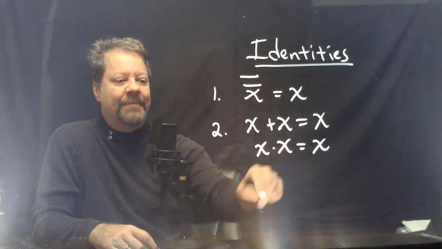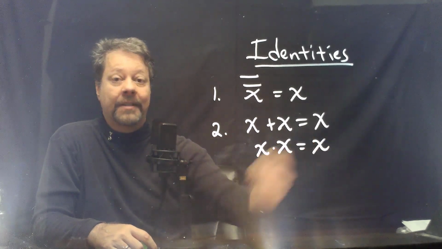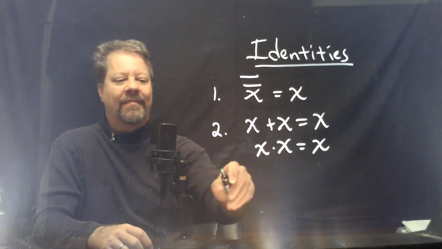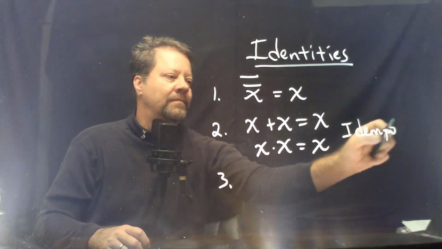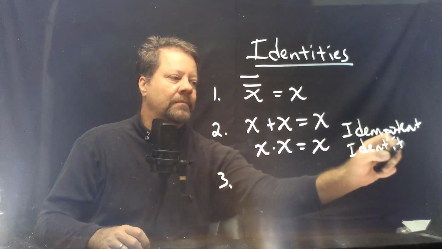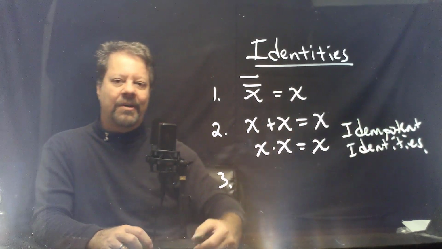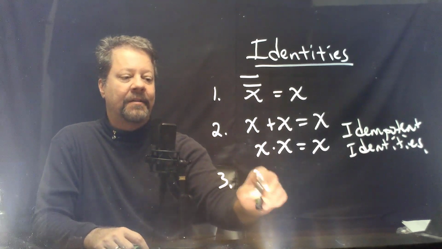This is an and statement. True and true is true. False and false is false. So those are your idempotent identities. And of course there are certain identity laws.